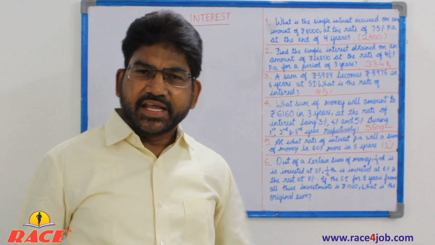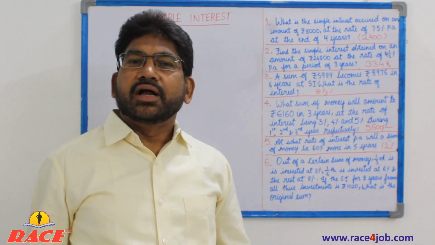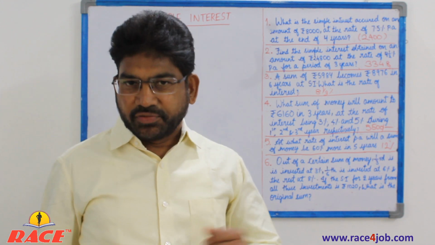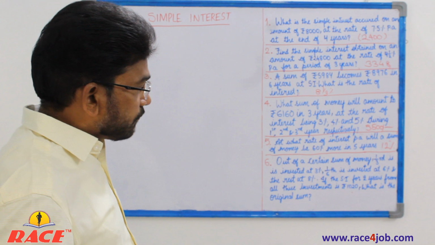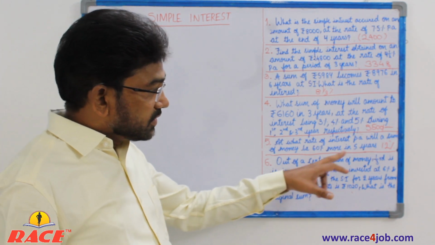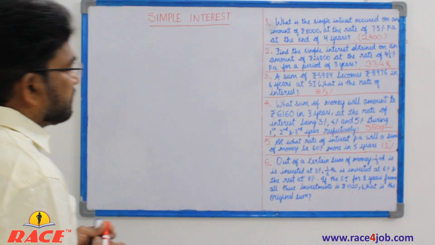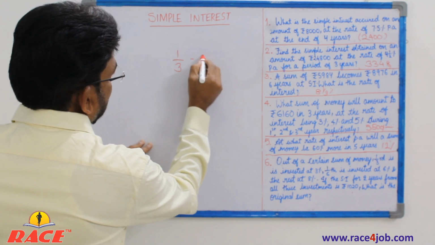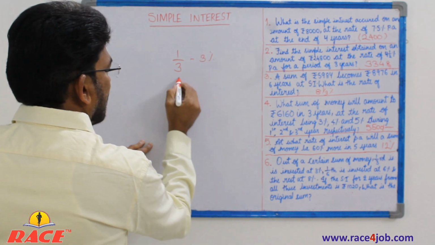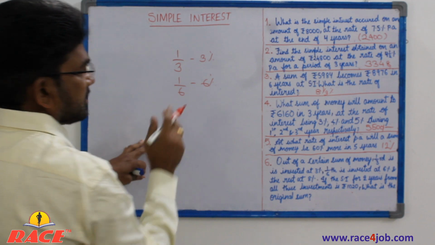You can assume any figure. You can take X, you can take 100 rupees, 500 rupees, 1,000, your wish. But one thing we have to understand here. Out of the total money, 1/3 is invested at 3%, 1/6 at 6%, and the balance at 8%.